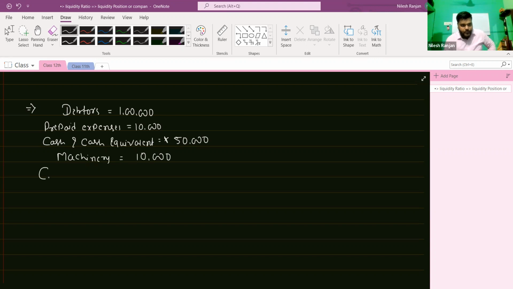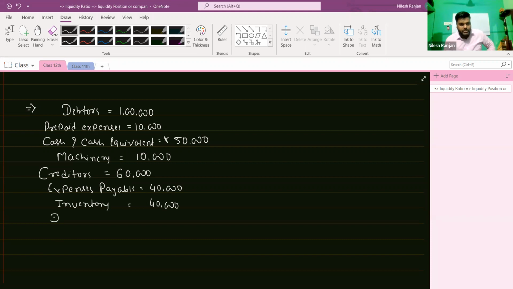and creditors 60,000, and there is expenses payable 40,000, inventory 40,000, and debenture of rupees 1 lakh.